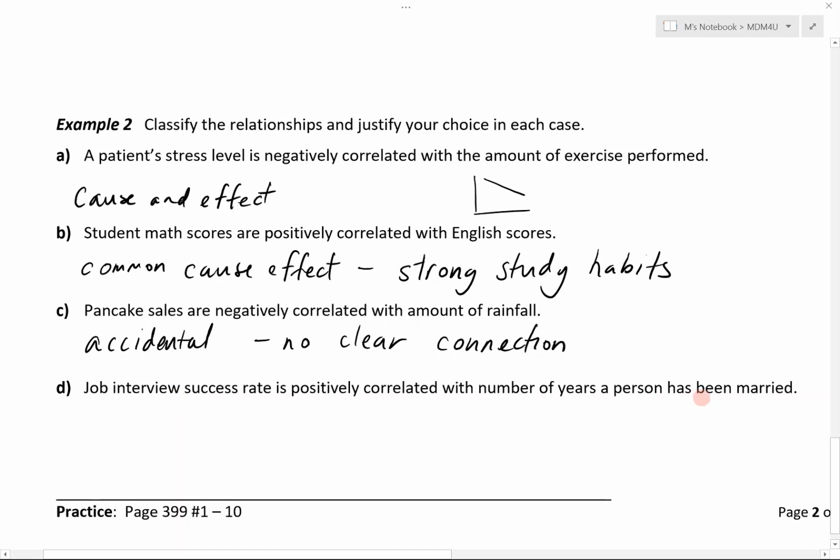If you had a stable relationship in your marriage, then chances are you have maybe good communication skills, and that would translate into certain job interview success as well. It's really difficult to suggest a causal link or any kind of common cause, but we just have to say it's presumed. So presumed relationship.